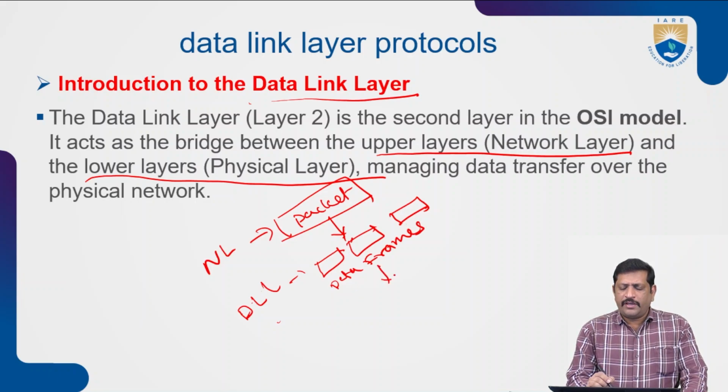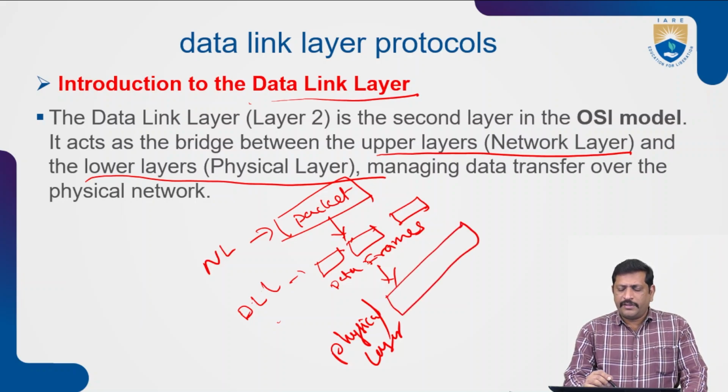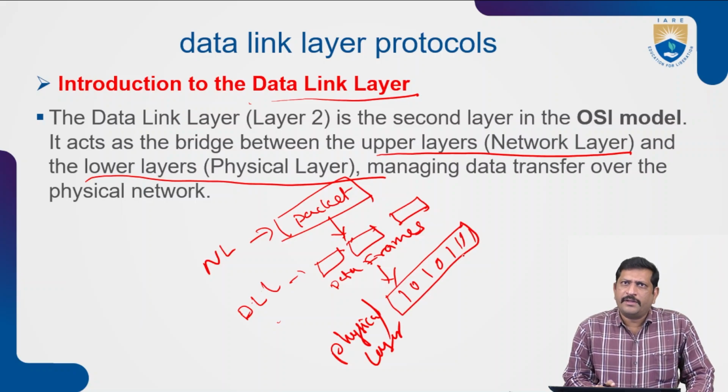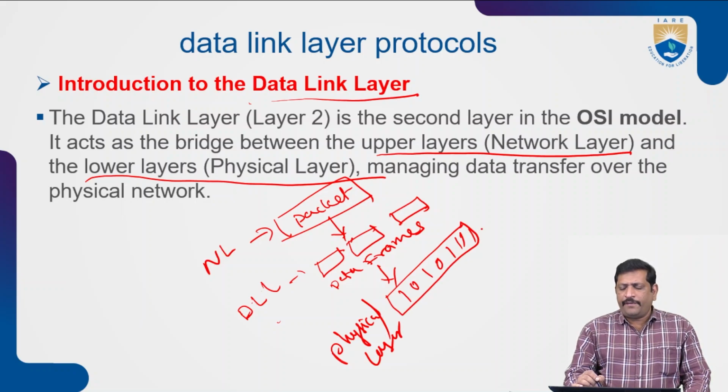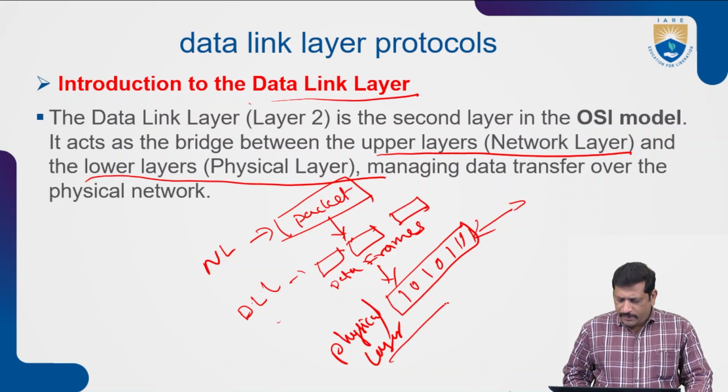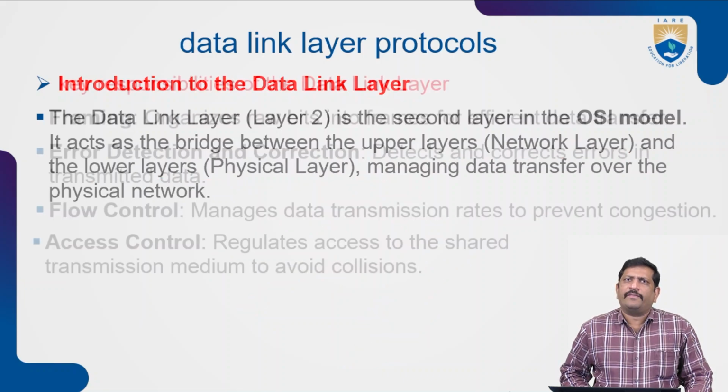Once it reaches the physical layer, these can be transferred in the form of bits, that is 1 0 1 0 1 1 1. In the form of bits, the data transmission is finally done over the physical network only.